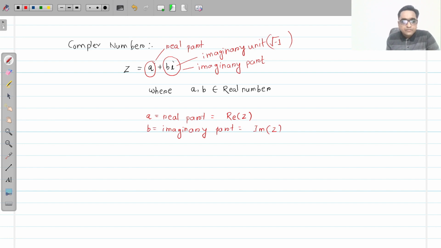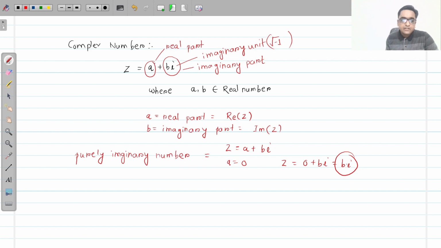Okay, so when is a number purely imaginary? z is equal to a plus bi is purely imaginary when a is equal to 0, so z is equal to 0 plus bi, that is bi. It is a purely imaginary number.